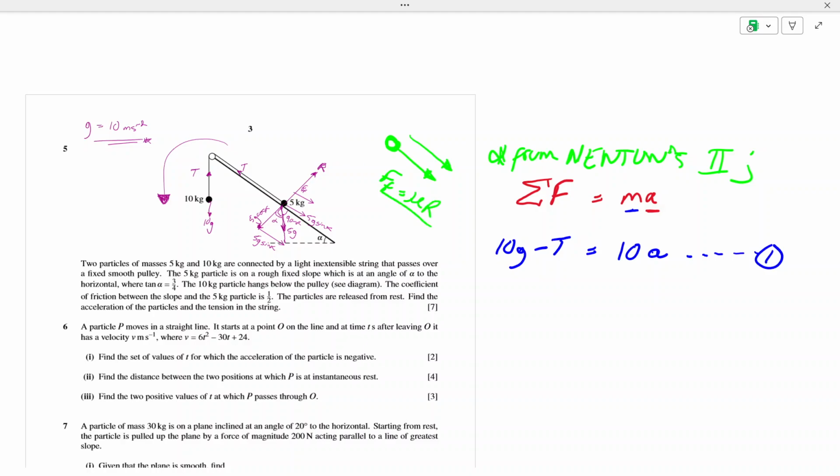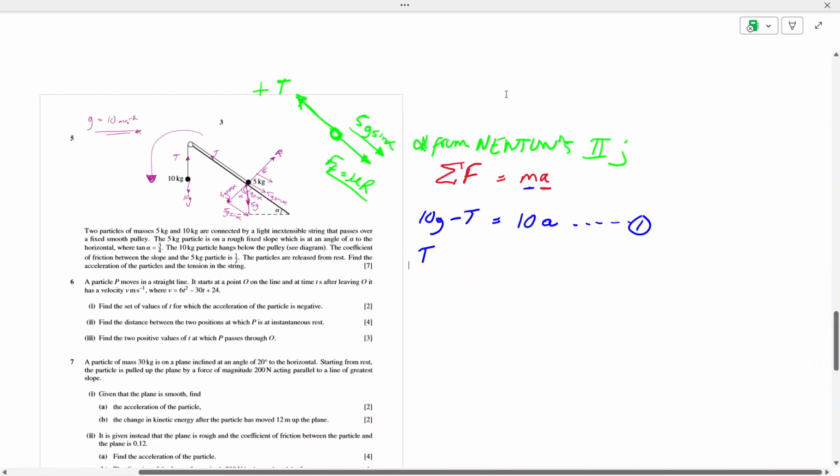And then we have the component of the weight acting downslope, which is 5g sine alpha. And then upwards, we have T. Since T is greater, because it's moving up, I'm gonna put this as the positive and these guys as the negative.